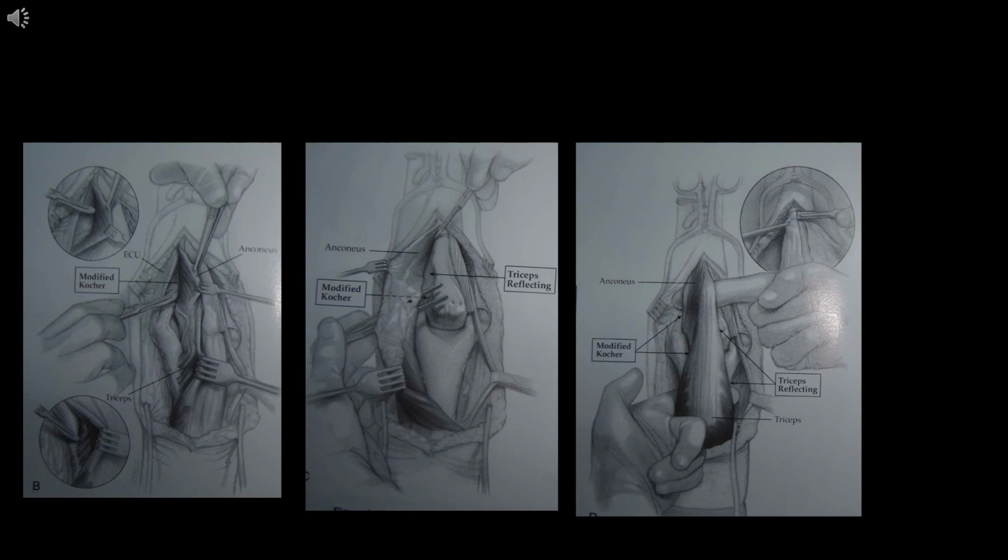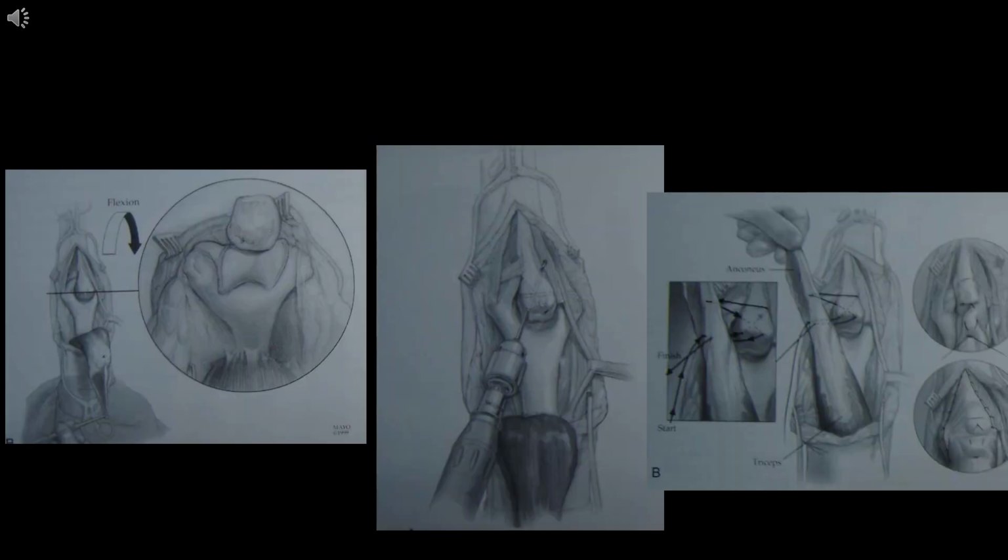Elevate the insertion of the anconeus muscle with the triceps from its attachment to the olecranon and the proximal ulna, and reflect it with the capsule backwards. It preserves the nerve supply and blood supply to the anconeus muscle. In this diagram, you can see the reattachment of the triceps and anconeus muscle.